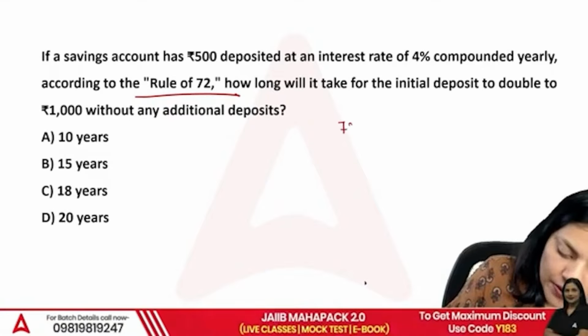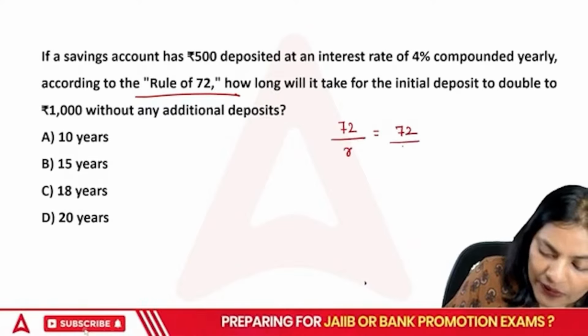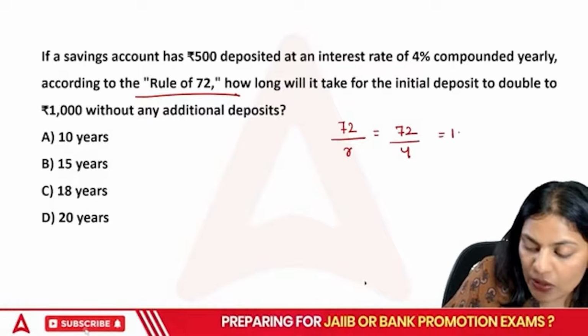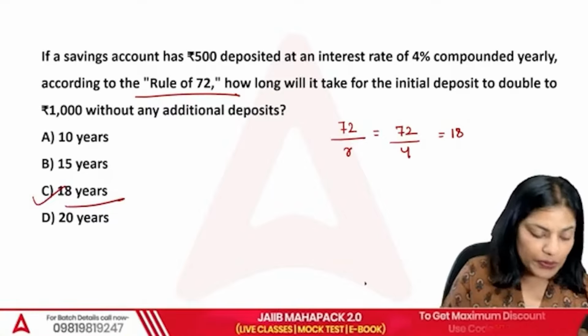The rule of 72 simply says divide 72 by R. For example, if it is 4%, it will be 18. It will take 18 years for us to double 500 rupees at a rate of 4%.